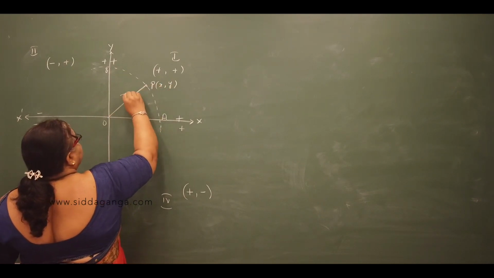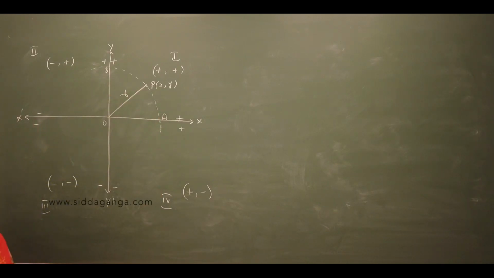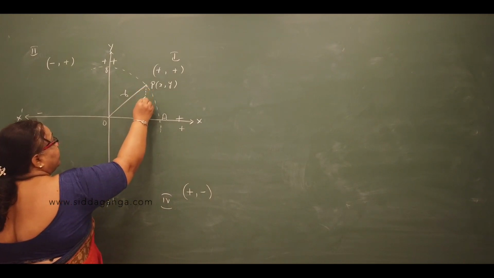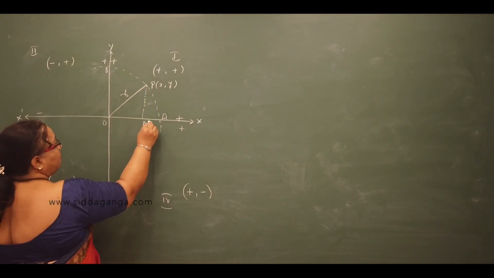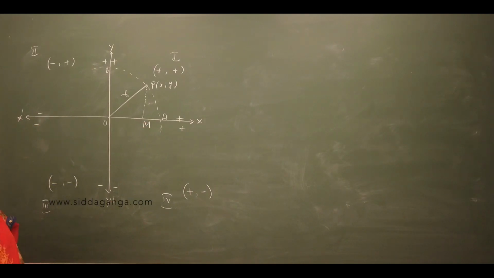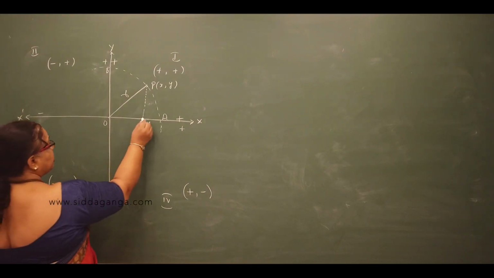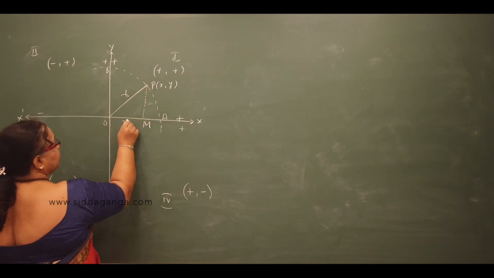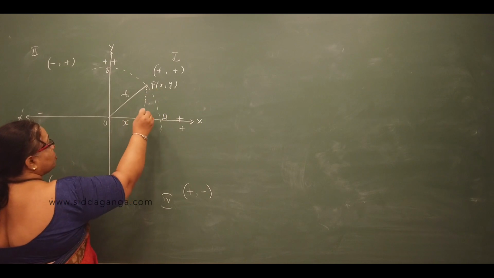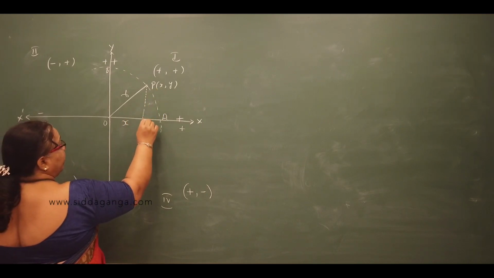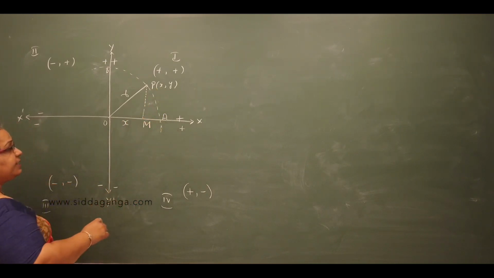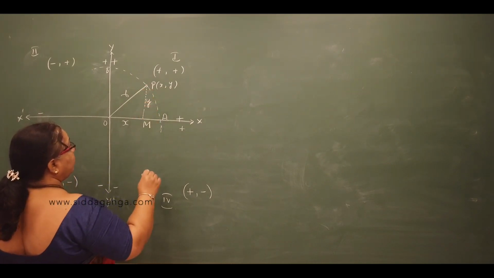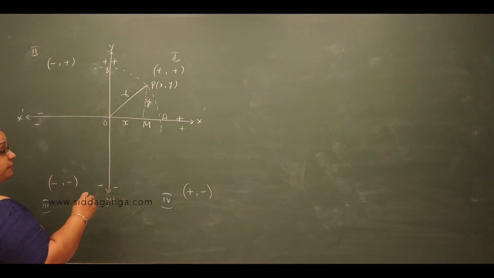Join OP. Now this becomes radius OP with respect to the circle. Now you draw PM perpendicular to the x-axis. Then the distance of the point P from the y-axis represents the x coordinate of that point, and the distance from the x-axis, that is PM or MP, is nothing but y.